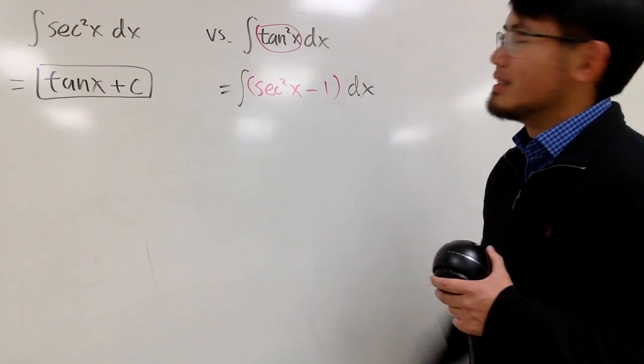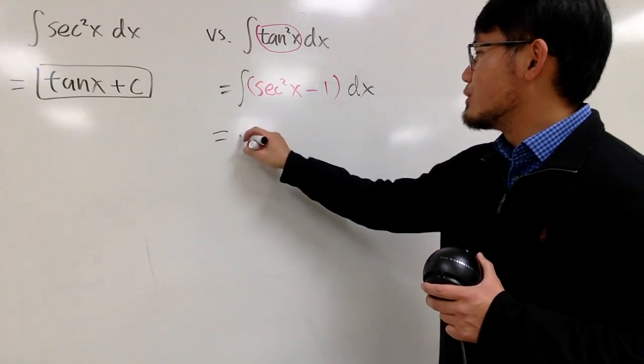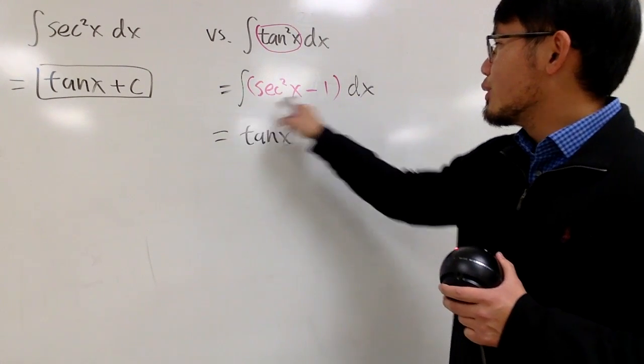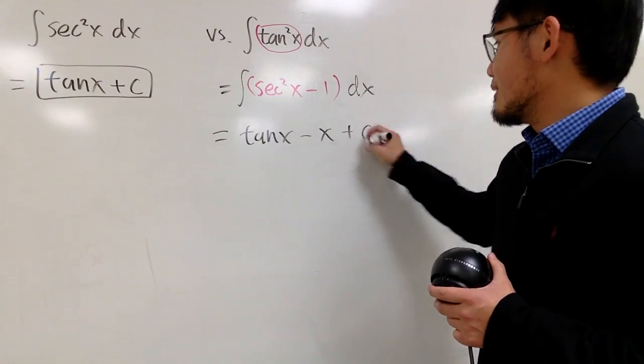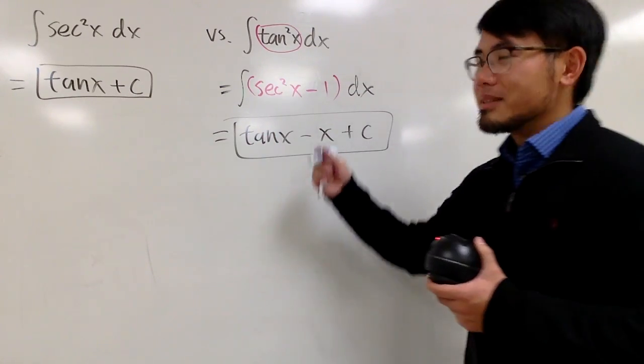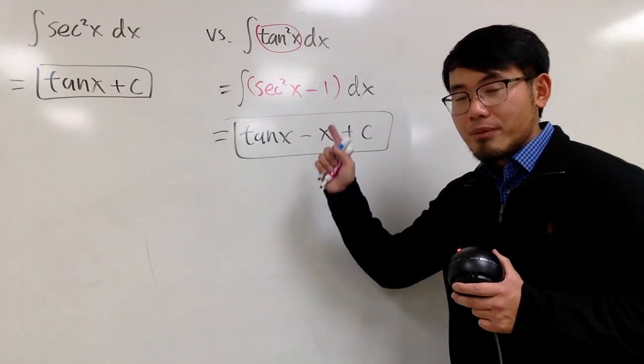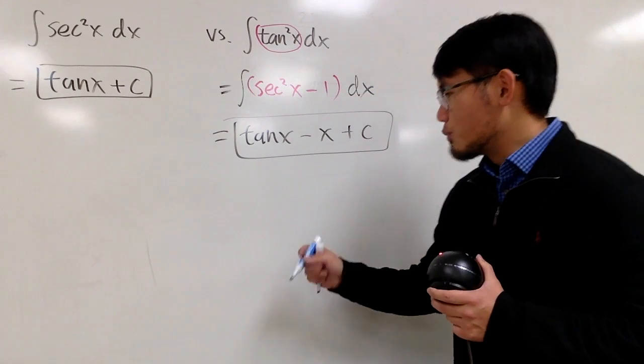And of course, if you have this, you know the integral of this guy is just tangent x, and then the integral of minus 1 is just minus x, so we are done. So put plus c. All right, I know, it's of course sometimes not fair to just know from here to here, right? But this right here, you can also do it legitimately in this way.